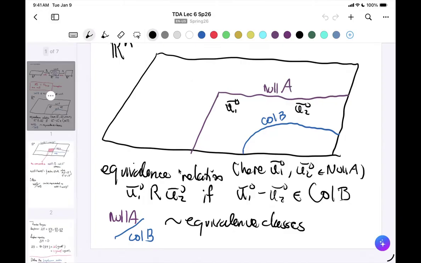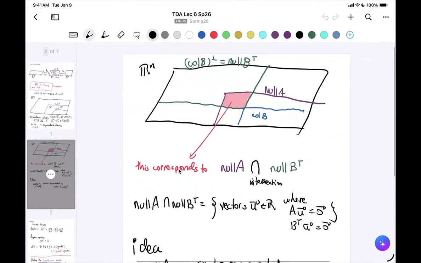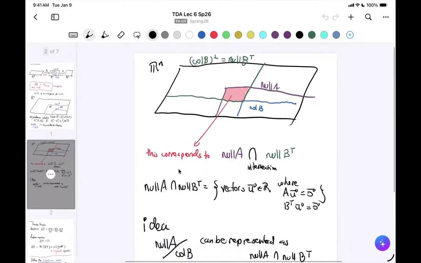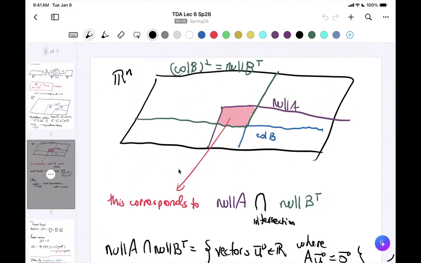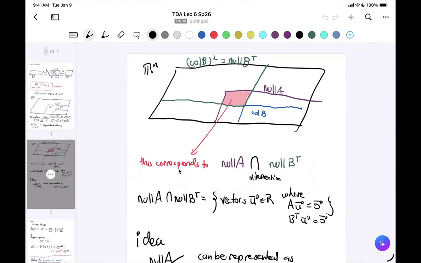You can look at the part inside the null space that also belongs to the orthogonal complement of the column space of B, which is the region I colored here in pink.